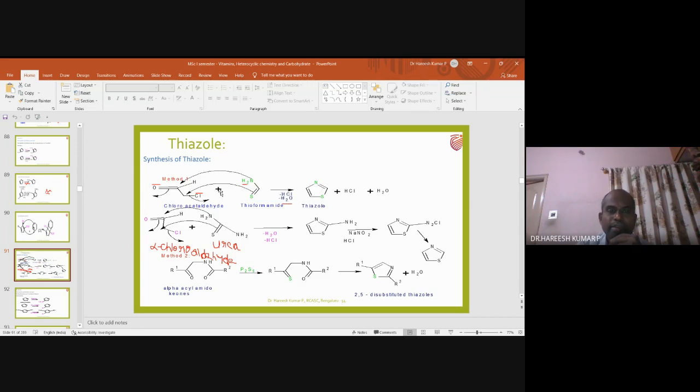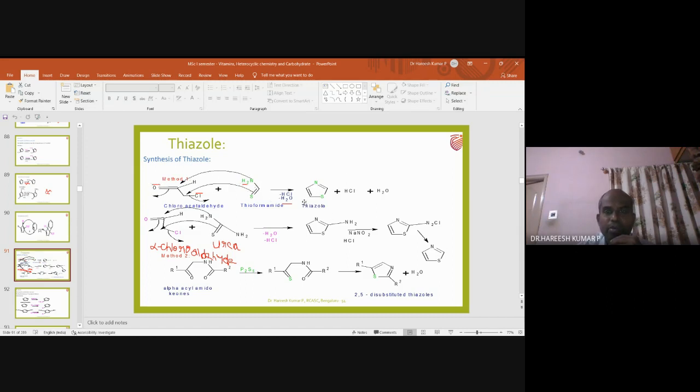One of the protons present here will form a bond here, and a proton will move from this carbon to this oxygen. That is called keto-enol tautomerism. Once the keto-enol tautomerism is obtained, there will be a removal of H and OH formed here.